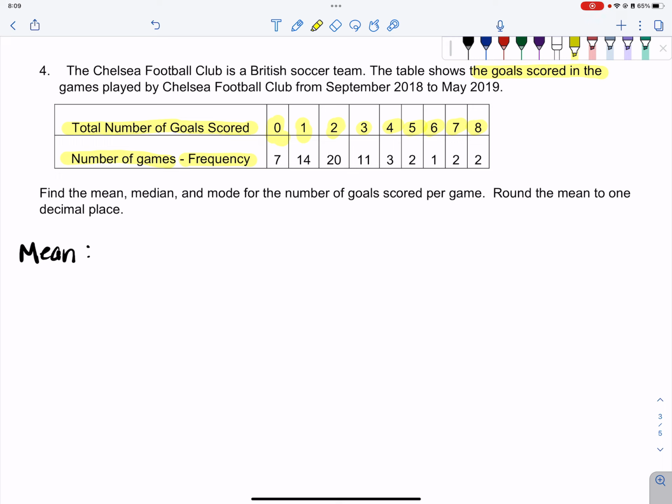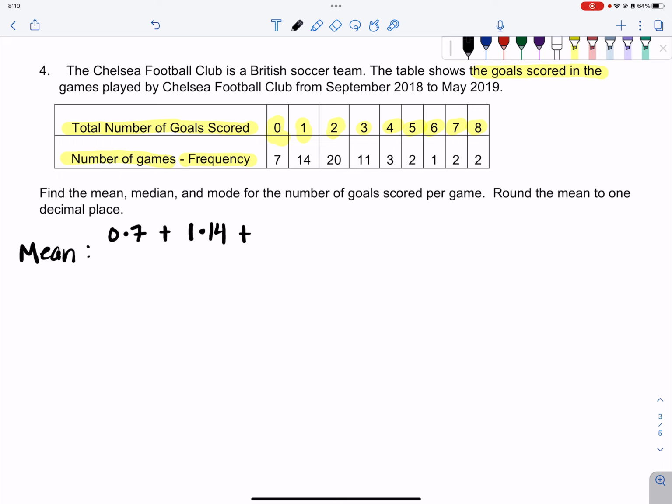So that means when I have 7 zeros, I need to add all those together: 0 plus 0 plus 0, 7 times. Well, if I add 0 to itself 7 times, that's the same thing as 0 times 7. And then if we have 1 appearing in the data set 14 times, and I need to add all those together, that's the same thing as 1 times 14. And I just need to do that for all of these values here.